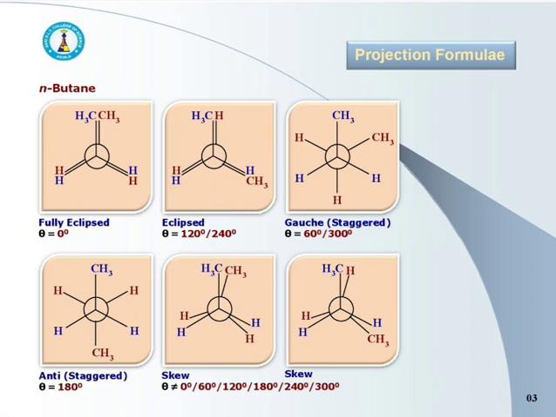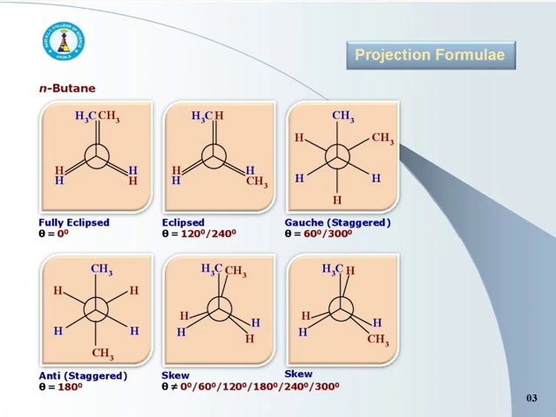The last two, that is fifth and sixth conformations, are skew conformations, which lie in between the eclipse and staggered conformation.